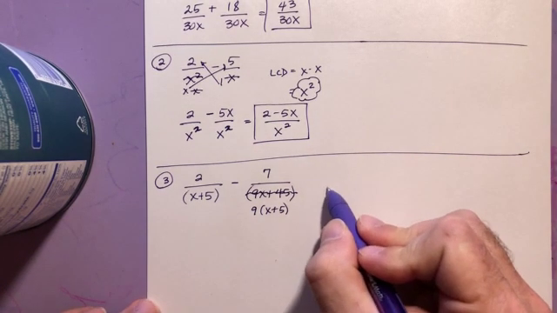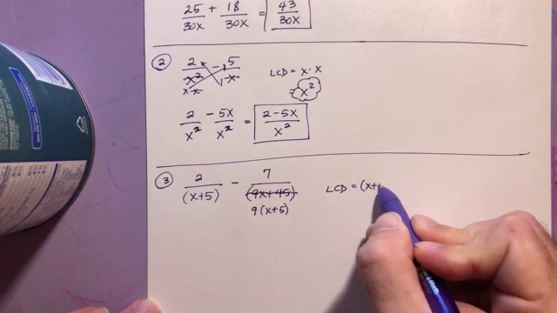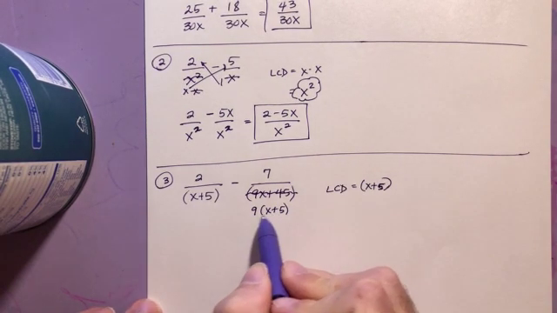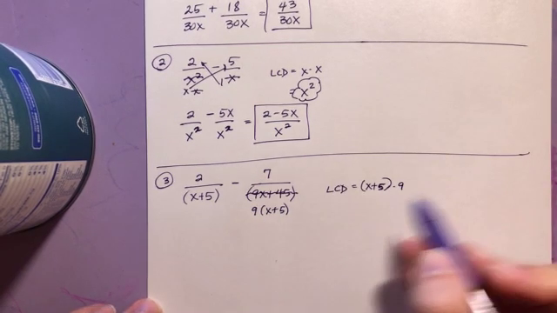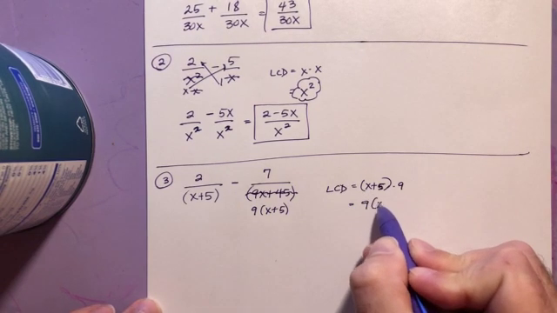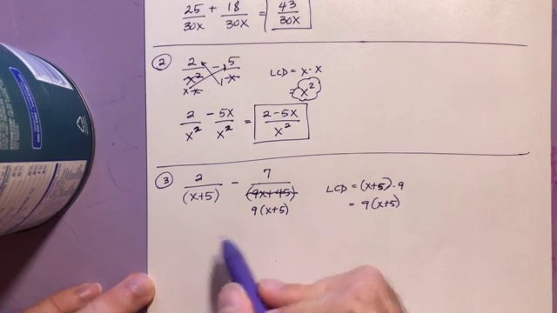Now I'm going to write my LCD: everything from the first one, so just that x plus 5. And then anything unique from the second one. So x plus 5 is already there, but 9 isn't, so I'm going to multiply that by 9, and there's my LCD. I can clean this up by putting the 9 in front if you want. It's up to you. You can put the 9 over here too.